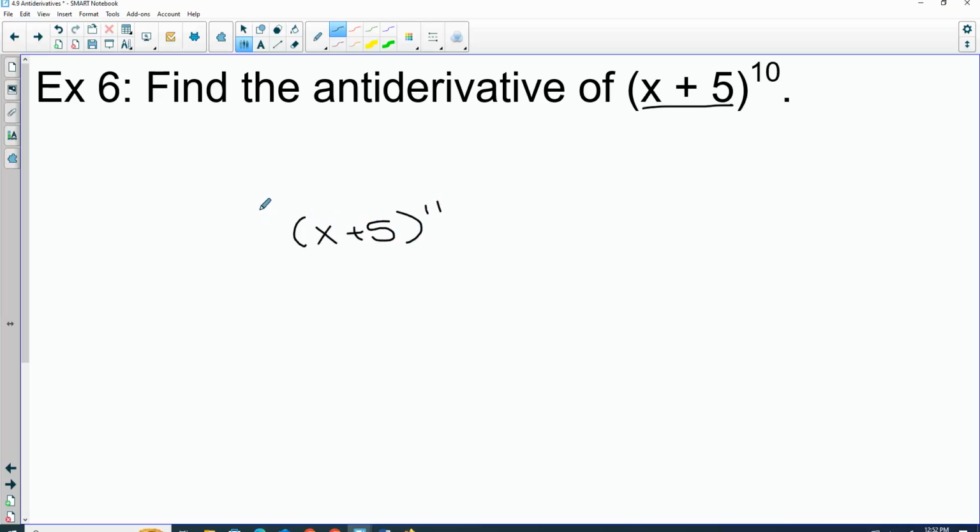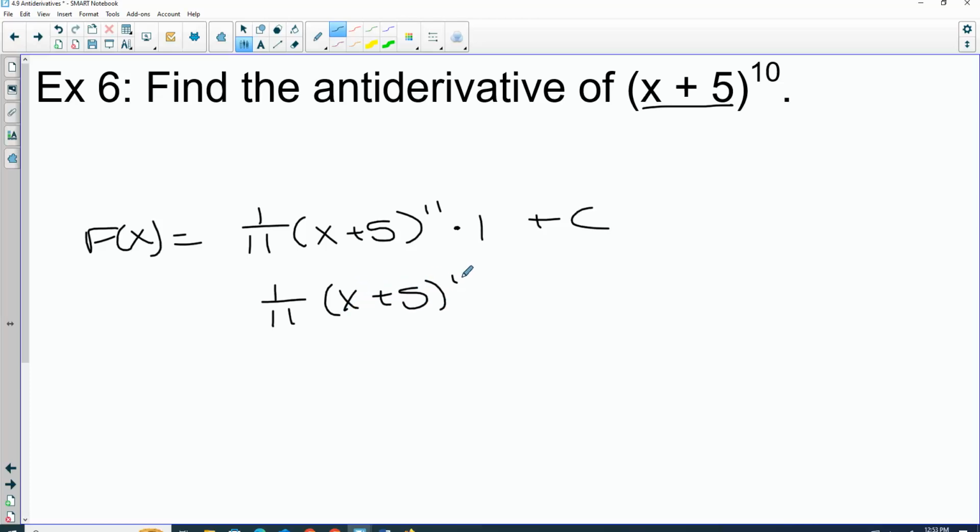Then think through your derivative. Exponent comes down, inside stays the same, subtract 1, times derivative of the inside. It's 1. So I don't really need anything to cancel that. So it's just 1 over 11 times x plus 5 to the 11 plus C.